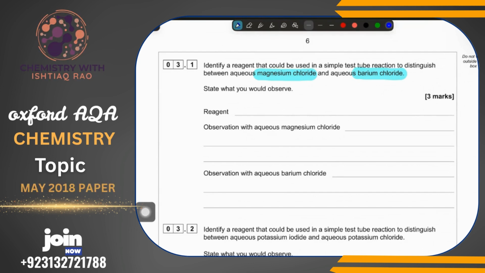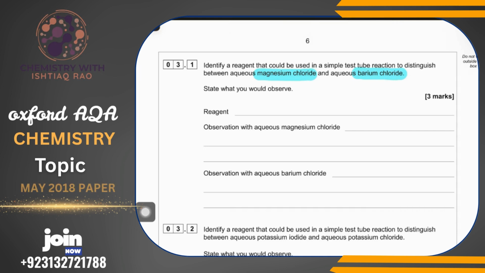Magnesium chloride and maybe sulfate, and observation with aqueous barium chloride, you would see barium sulfate, so you would see a white precipitate, whereas with magnesium chloride, I don't think you would see a white precipitate because magnesium is not very reactive. So maybe no reaction, or colorless in magnesium chloride.